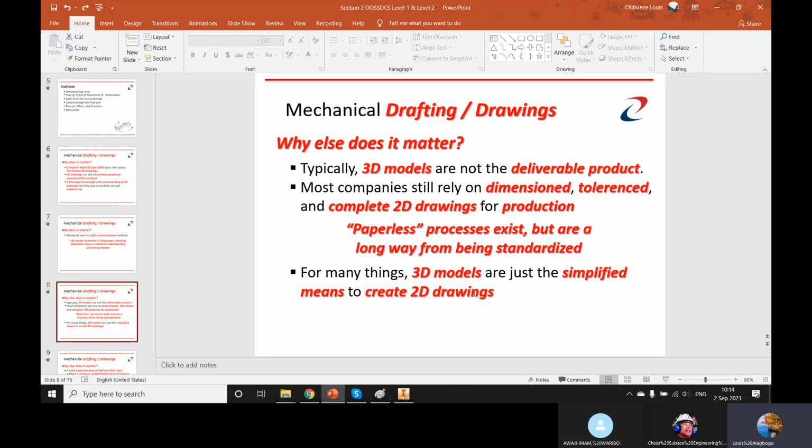If you see the 3D picture, you'll be able to understand it, but to reproduce that same drawing, you would need dimensioned 2D drawings. If you're working with just 3D, you'll not be able to reproduce it exactly how it is.